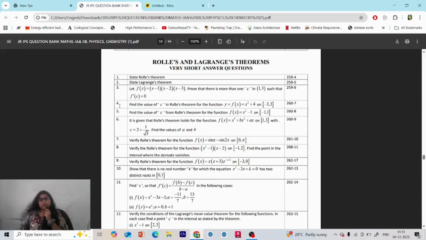Now let's look at the fourth question. Find the value of c in Rolle's theorem for the function y is equal to f of x is equal to x square plus 4 on minus 3 comma 3.